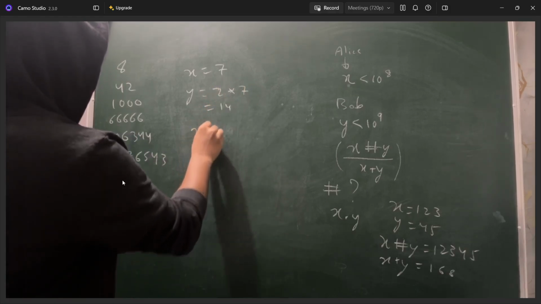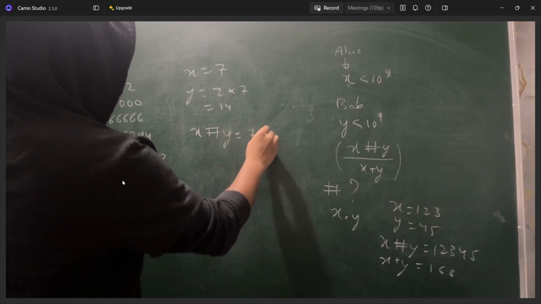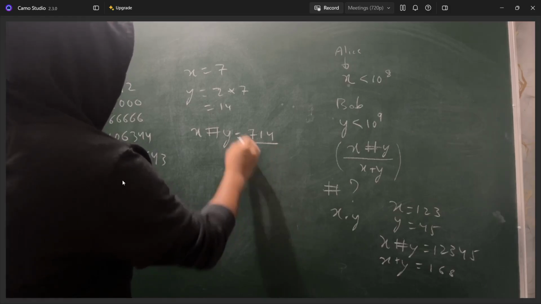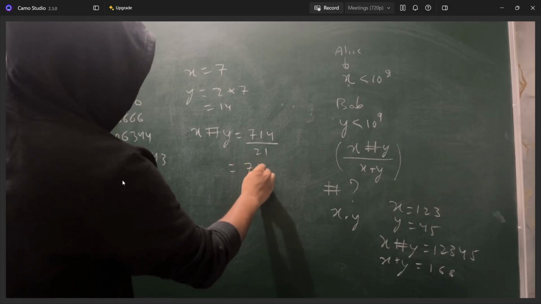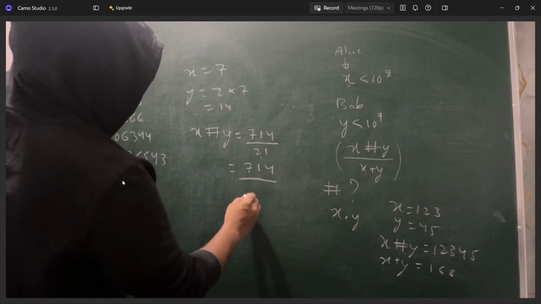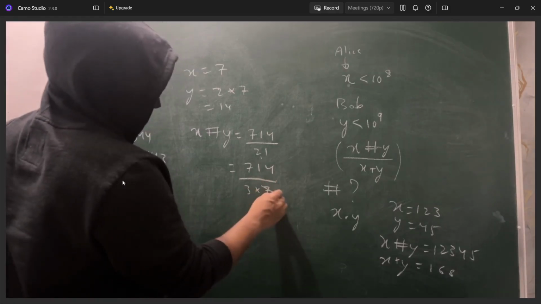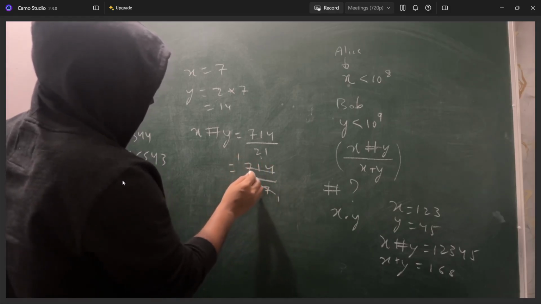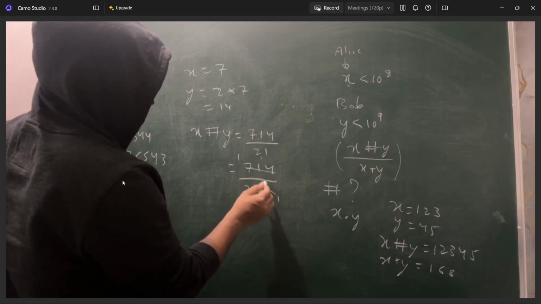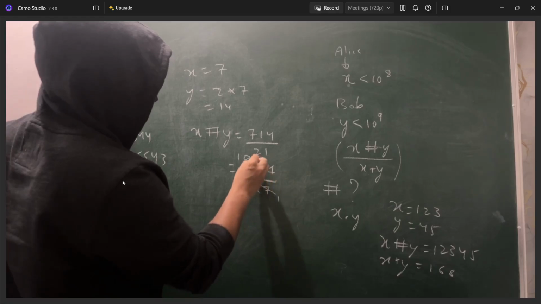So x hash y can be written as 714 divided by 7 plus 14, which is 21. Again 714, whatever you have, this 21 can be written as 3 into 7, in the form of y only. So now you have 3 ones are 3, 3 twos are 6, 3 sevens are 21, and you have 1. 7 cannot divide 1, so you will take 0. So now you have 14, 7 twos are 14.